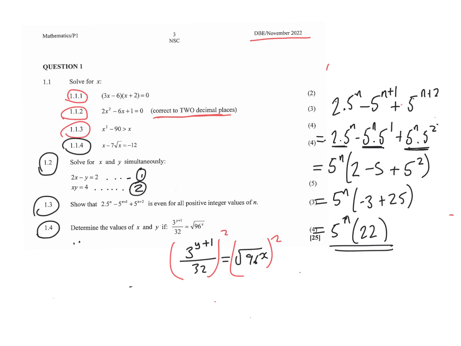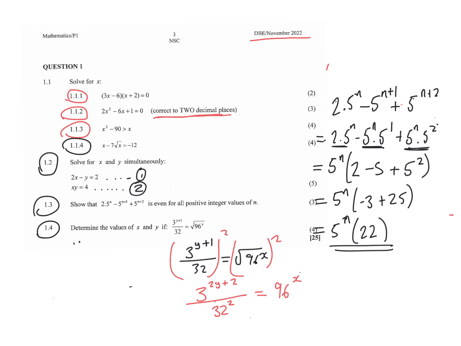So we'll now have 3 to the power of 2y plus 2, all over 32 squared, equals to, the square root cancels out, I'm left with 96^x. That x was an exponent, so let's fix that. We have 96 to the power of x.